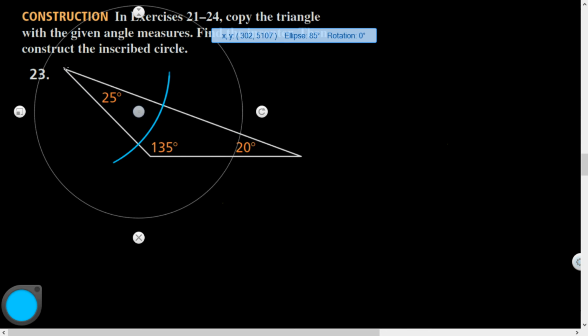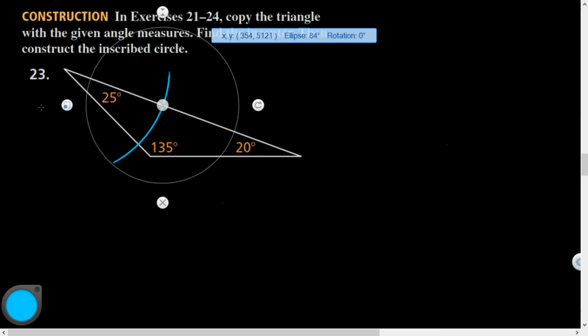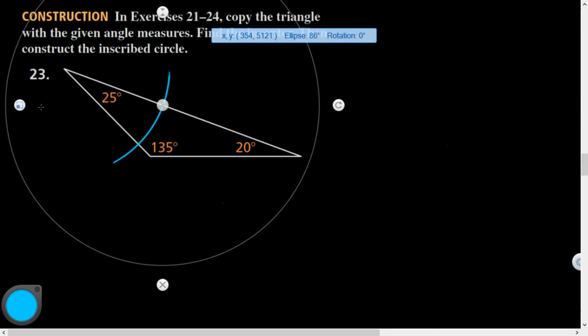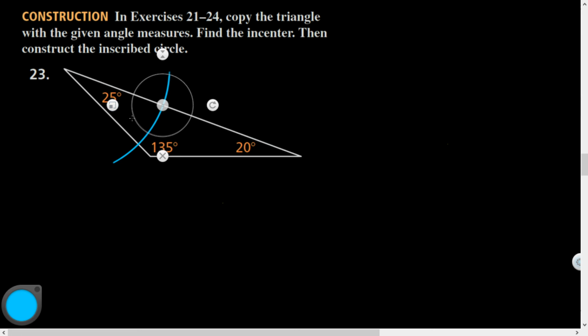Now I'm going to drag my compass tool to one of those intersections, and I'm going to scale this down, and I want this to at least just barely be over the midpoint between this side and this side. Okay, so I'm going to put it right about there. Technically, you can even make it larger than that, but I find I was able to get more accurate arcs by doing that.